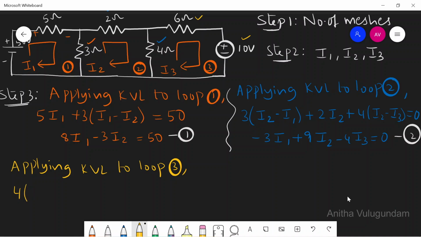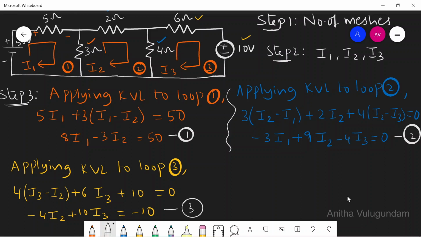Voltage drop across the 4 ohm resistor is 4 into (I3 minus I2) plus 6 I3 plus 10 equal to 0. I can rewrite this equation as minus 4I2 plus 10I3 equal to minus 10. Let this be equation number 3.